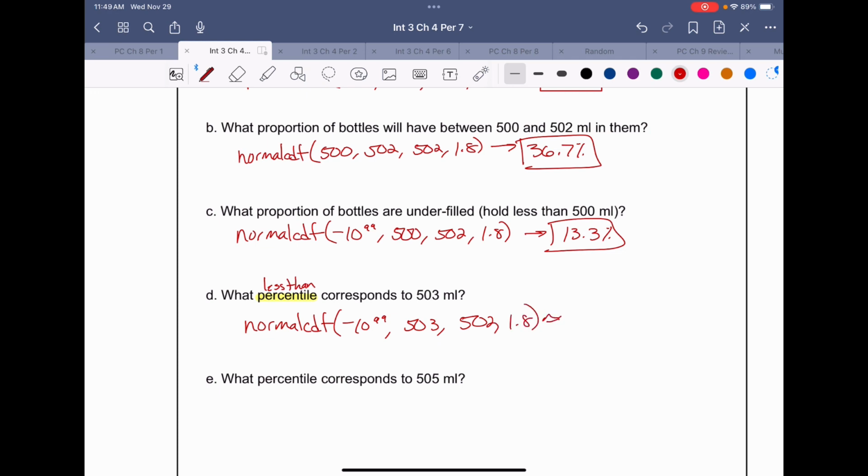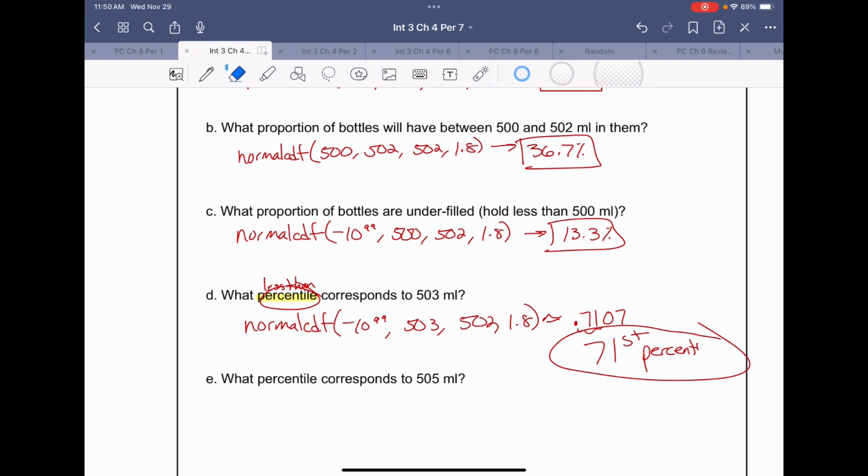When you do that, you get 0.7107. When it's asking for a percentile and you move it twice, you round it to the closest whole percentile. So 71st percentile is how we would answer this one. Not 71.07%. Percentile needs to be written as a whole number.